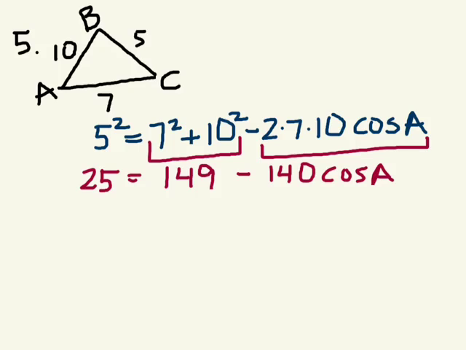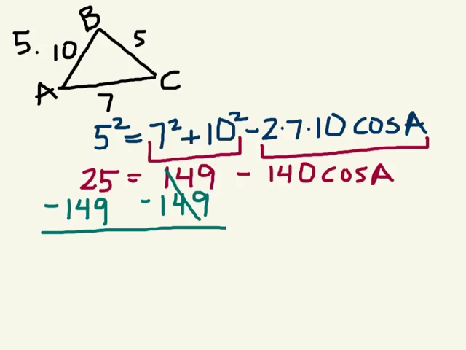Hold yourself back. So what we want to do is subtract the 149. So we have negative 124 is equal to negative 140 cosine of A. Then divide.